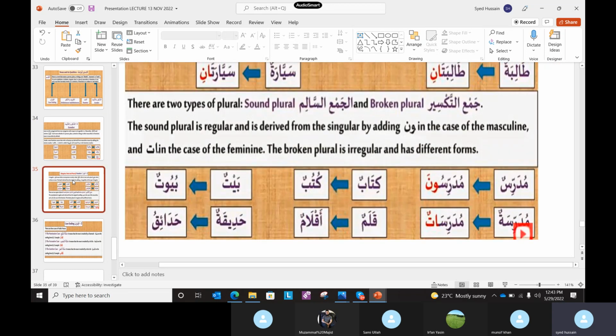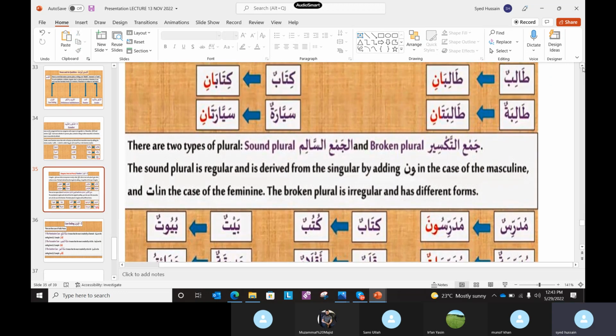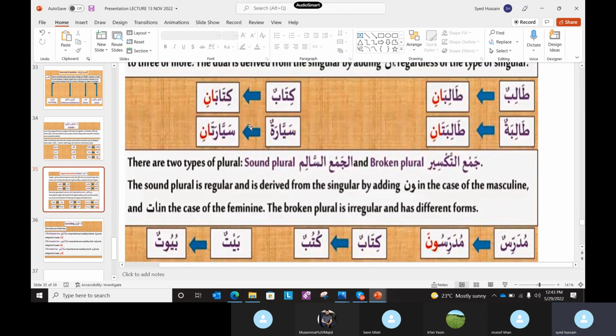this same slide. So here we have seen that when we read it, we say sayyara, sayyaratun, sayyaratani, 2 cars. When we talk about 1 car, it's called sayyara. Now in Quran, in different ayat, we will see that there is a plural, but there are 2 types of plural.